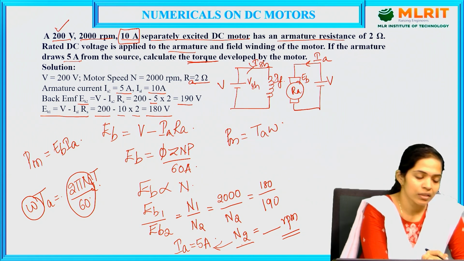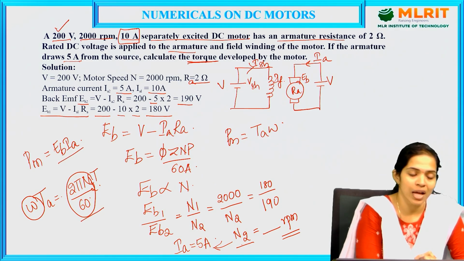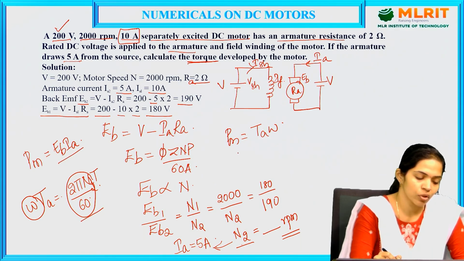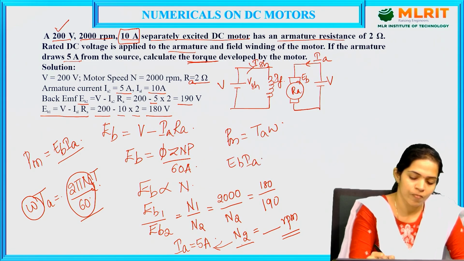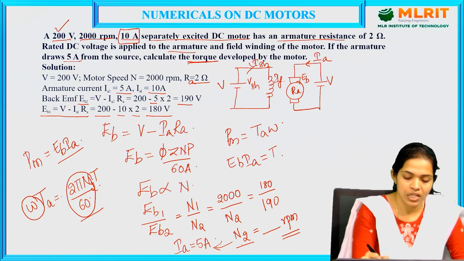For calculating the torque, we equate the mechanical powers developed across the armature. So now I am going to equate EB into IA, which is TA into omega.